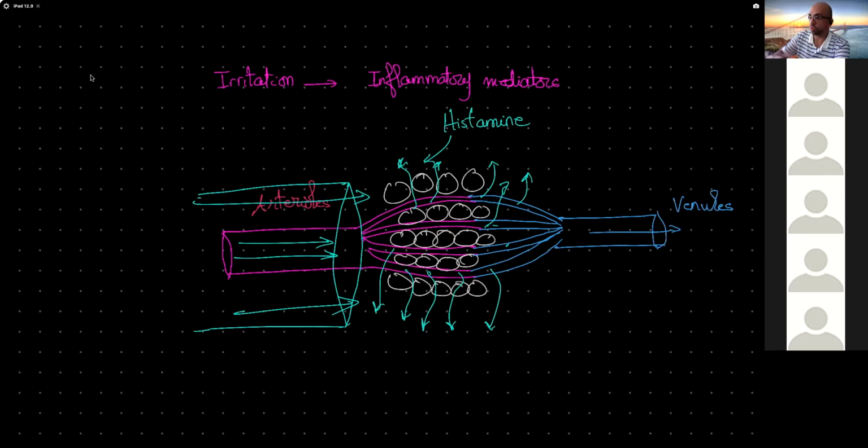And as I get more fluid into the tissues, this is what will cause the edema, the accumulation of fluid within my tissue. That's why if I got an inflammation, it's going to cause swelling, and it's going to be red, hot, and tender. Why? Because I dilated the arterioles. This caused the release of more fluid to the outside.